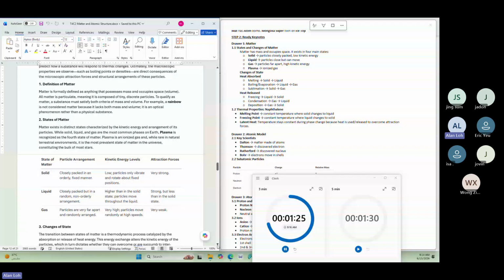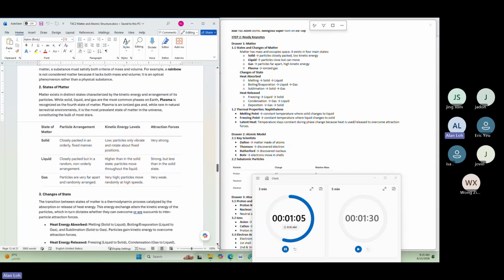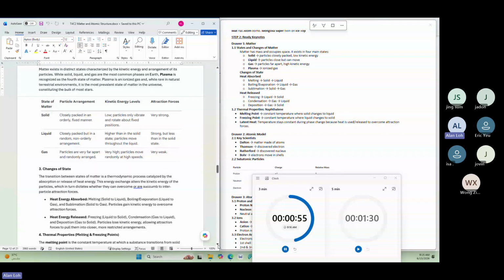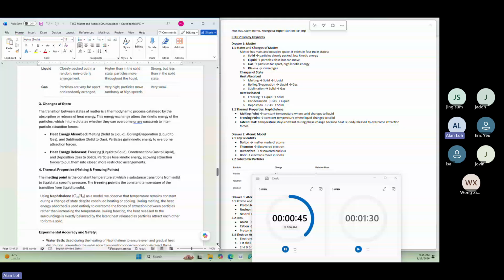Should be in point 2 by now. You should be in point 2 or 3 by now. You should be in point 3 or 4 by now.